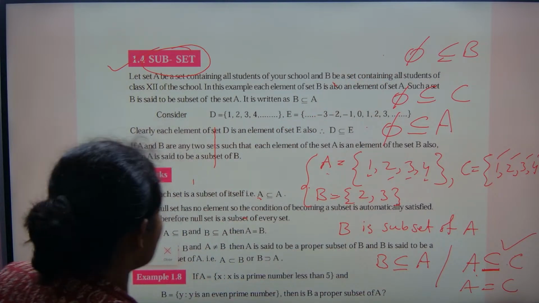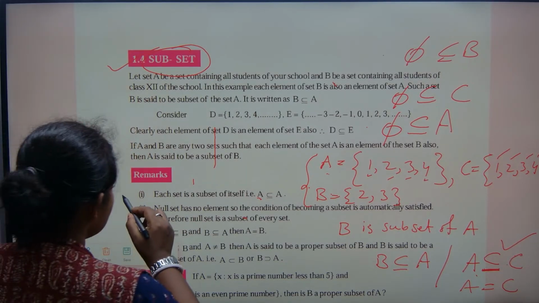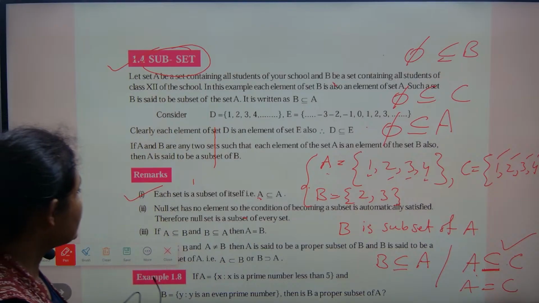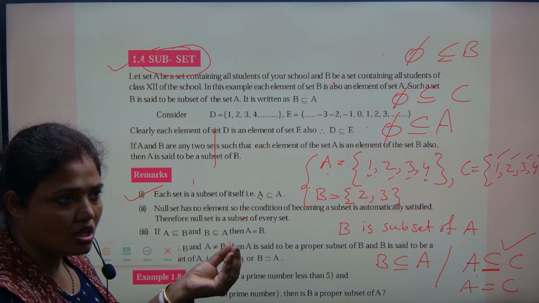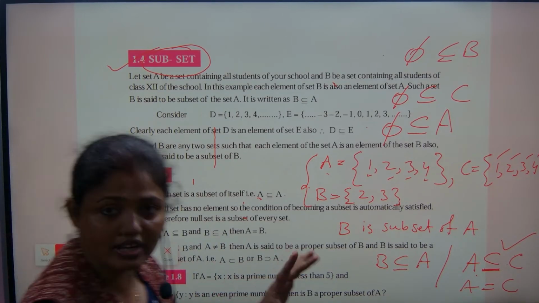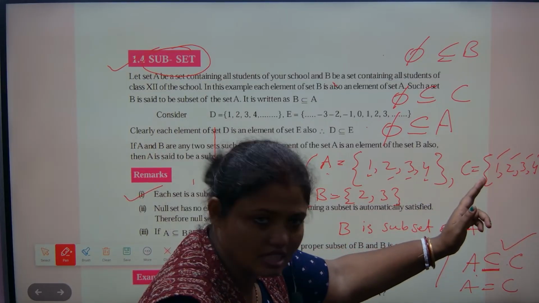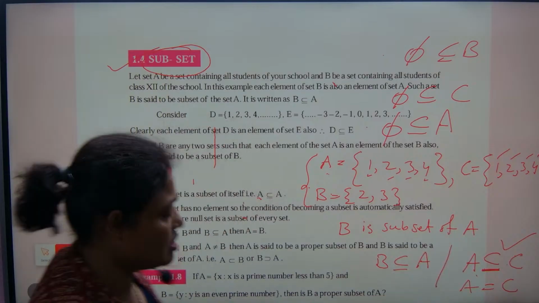Okay, so we are done with subset. So see, some remarks are there. Each set is a subset of itself, because each set is equal to itself. We have already done, if two sets are equal, then we can say that A is a subset of C, right?